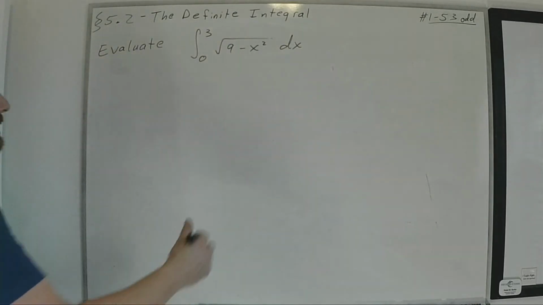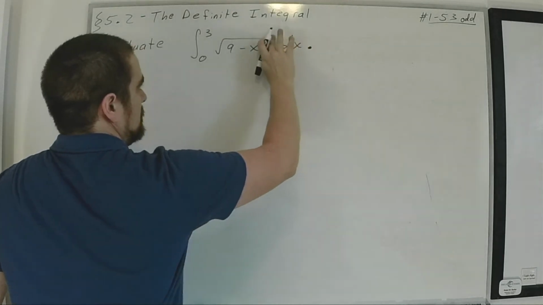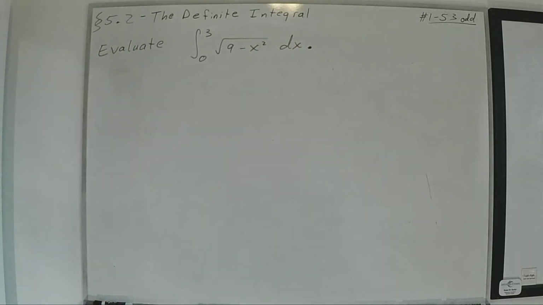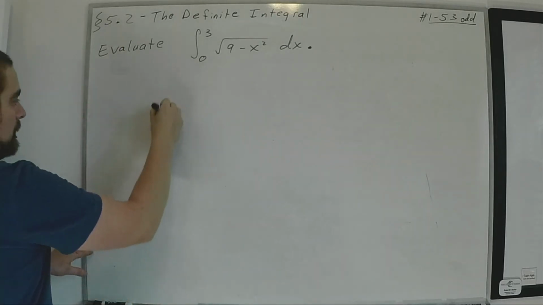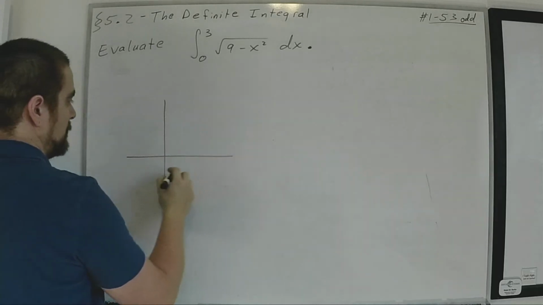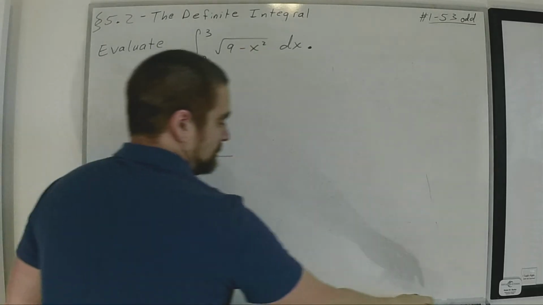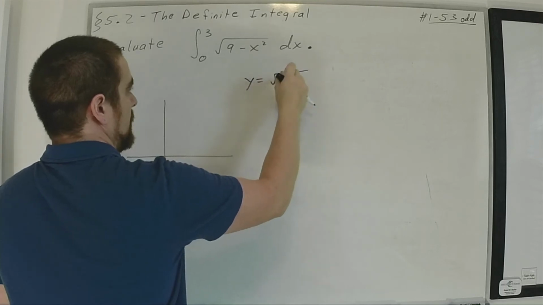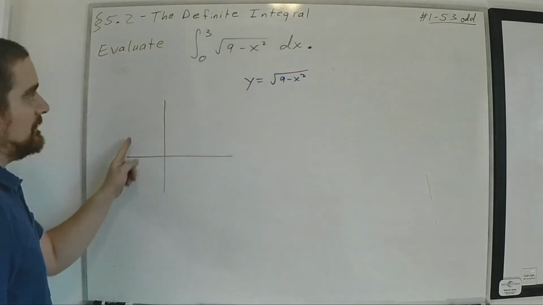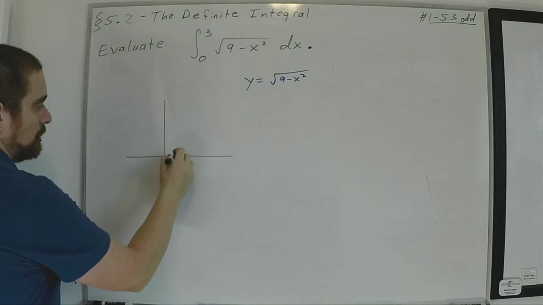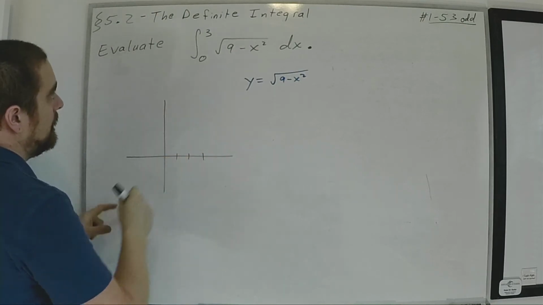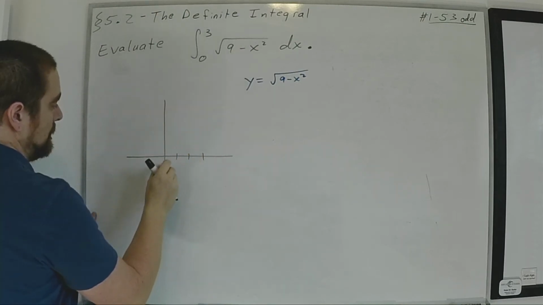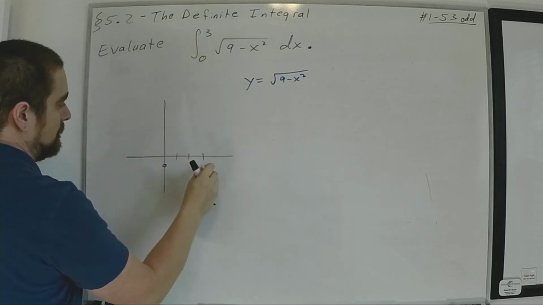But for right now, since we can't do this one by finding a general antiderivative, and boy, oh boy, those Riemann sums are really, really cumbersome, the nice thing that we have is that if we look at this function, y equals radical 9 minus x squared, that is the upper half of a circle with radius 3, and we're only concerned about the lower limit being 0 and the upper limit being 3.